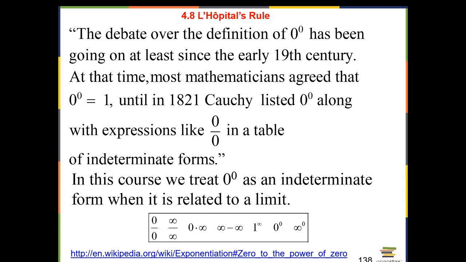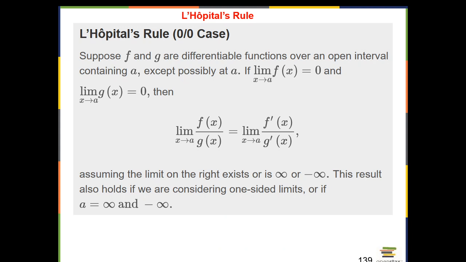So let's look at the theorem itself. The theorem says that f and g are differentiable functions over an open interval containing a, except possibly at a, as x approaches a. If the limits are both 0, then, assuming the limit on the right exists, so we assume that this limit exists.